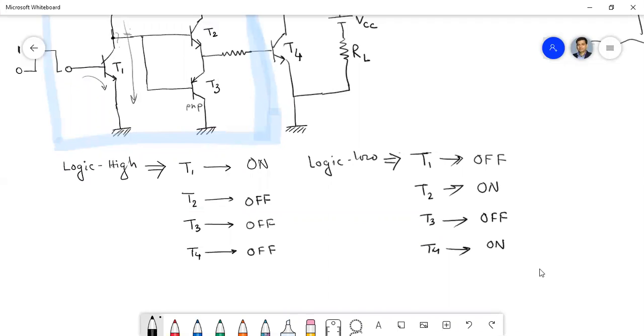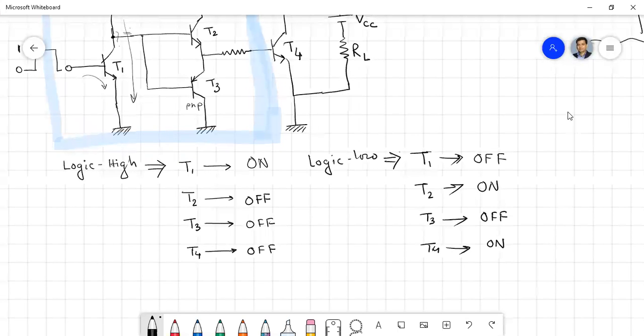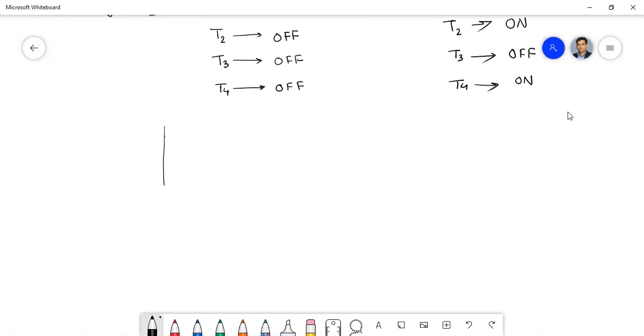Now though the switch on transient is not so simple and it has different phases. So let me draw this. Suppose the base current in transistor T4 is like this with respect to time.